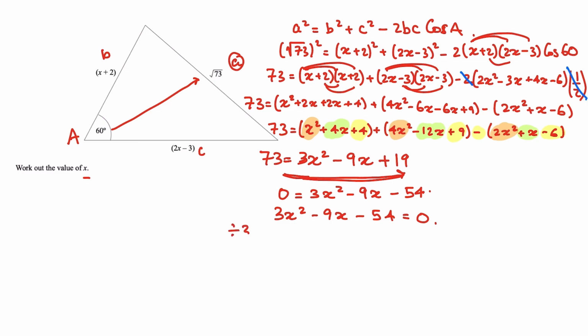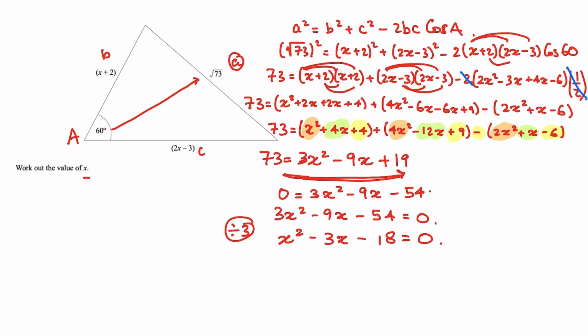So if you divide it by 3, it gives us x squared minus 3x minus 18 is equal to 0. And again, we can factorize it from here. Two numbers that multiply together to give us 18 will be 6 and 3. And in this case, in order to get minus 18, one of the numbers has to be negative.